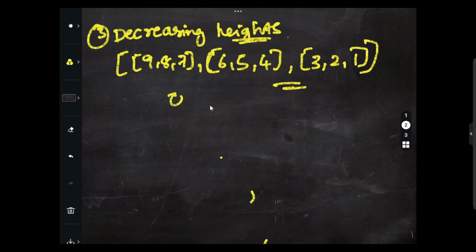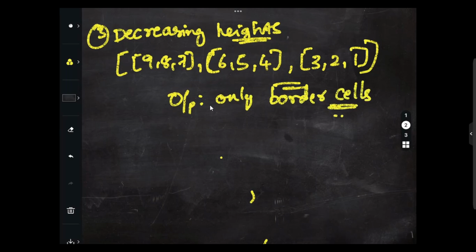So this output will be only border cells, because whenever we perform DFS, the previous cell will always be greater, so it cannot flow except at the border cells. No other cell can flow into both the Pacific as well as the Atlantic Ocean. So let's discuss the final edge case here.